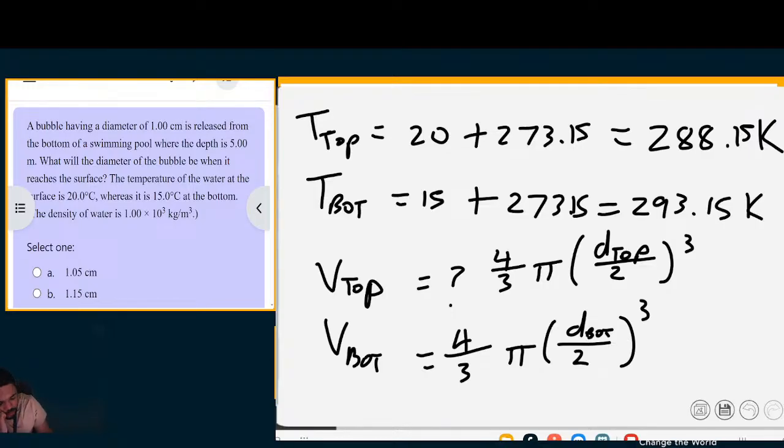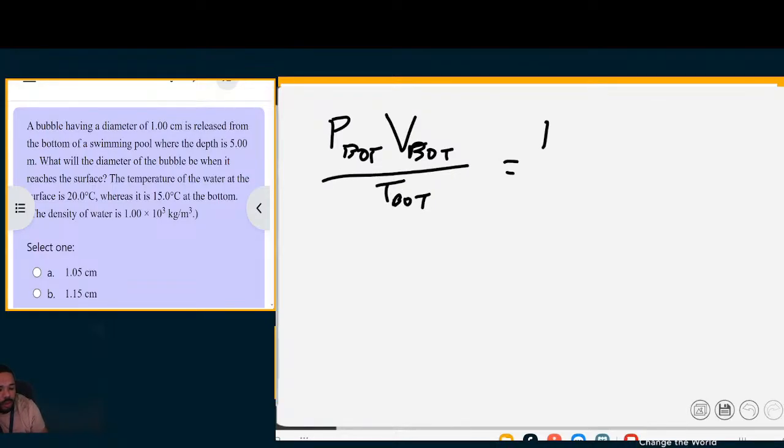Okay. So let's put this in using the combined gas law, which states that the pressure at the bottom times the volume at the bottom over the temperature at the bottom is equal to the pressure at the top times the volume at the top over the temperature at the top.